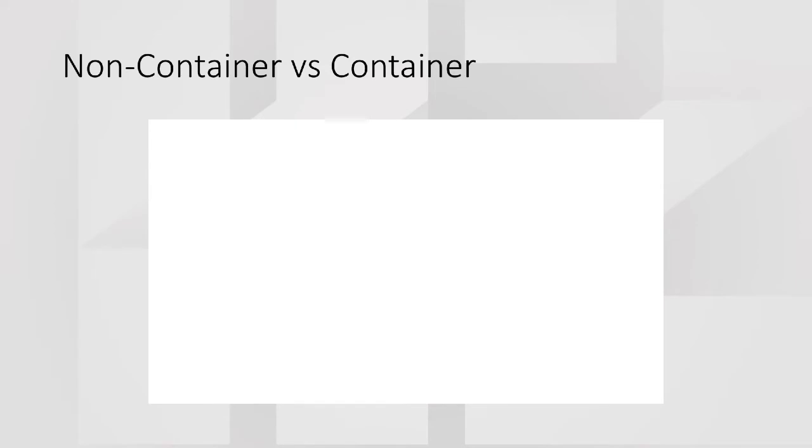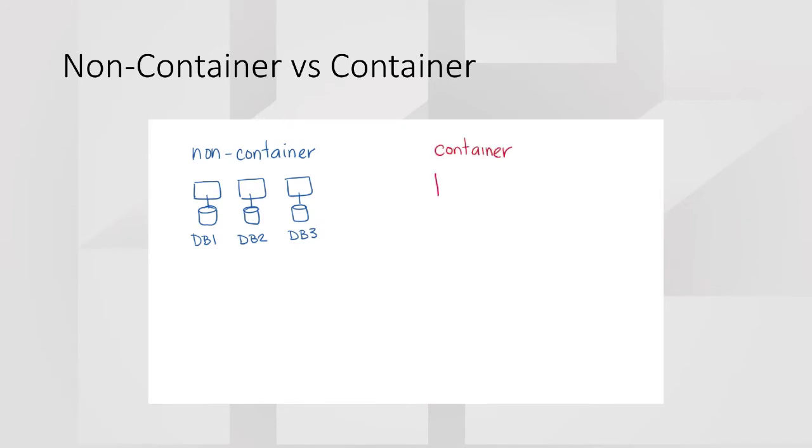Before we start creating databases, just a word about what container versus non-container database is. In a traditional pre-12c non-container database, each database has its own resources assigned, each with its own memory space and disk space. A container database can have one or more pluggable databases.